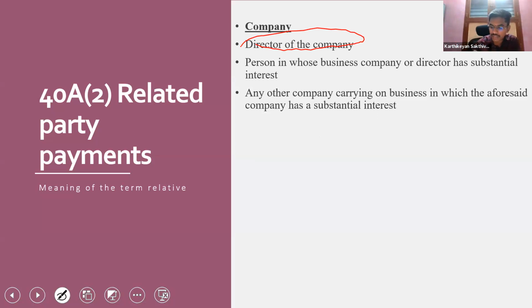So assume, for example, I am having a firm, and 60% of the share of profits of that firm is held by the company, in the firm or LLP. In that case, the point 'a person in whose business company or director has substantial interest' will come. So basically if the company is going to have substantial interest in any person, that is going to come. And if that company carries on business with any person in which the company has a substantial interest, in such case my holding company and subsidiary company all come under this point.